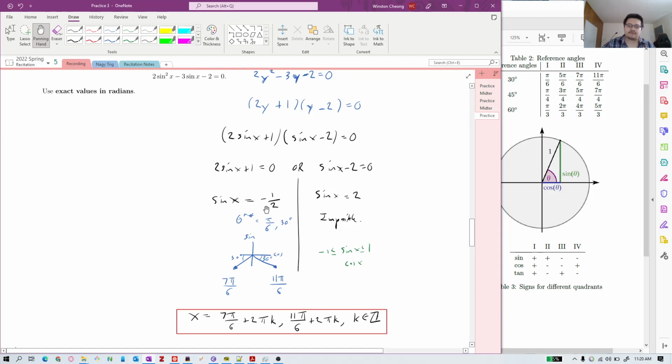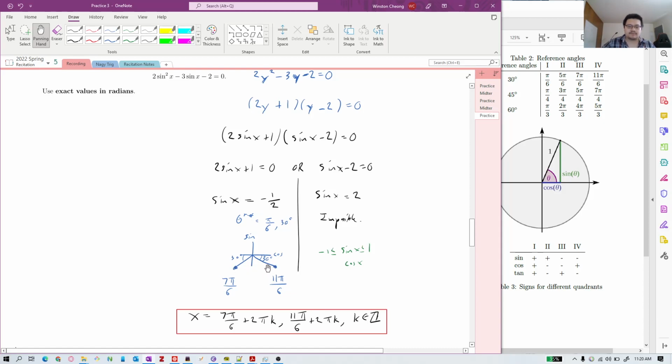Okay, and now let's bring back this consideration that the value we're actually looking for is -1/2, not +1/2. So we need it to be a 30-degree angle in quadrants where the function sine is negative. So drawing our axes, we see that sine is the y-axis. So we are looking at quadrants where the y-coordinate is negative in order to get sine to be negative.